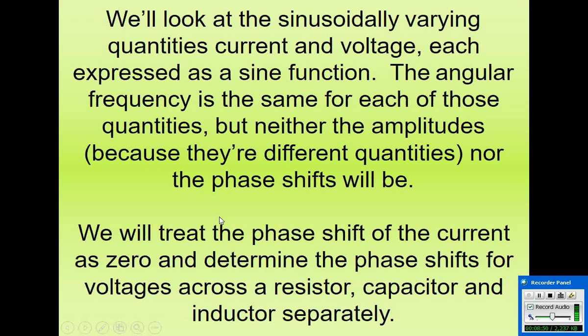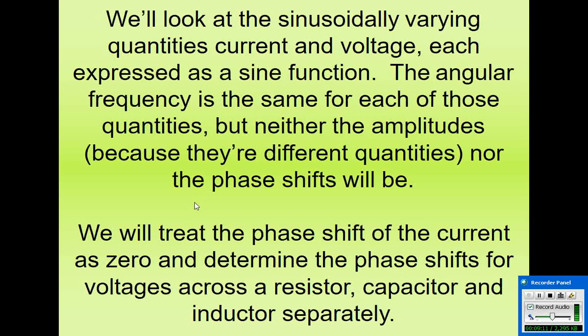We're going to be taking a look at the phase shifts for voltages across a resistor, across a capacitor, and across an inductor compared to the current through the circuit. And the current through the circuit is kind of our reference because the current in the circuit is provided by the driving voltage.